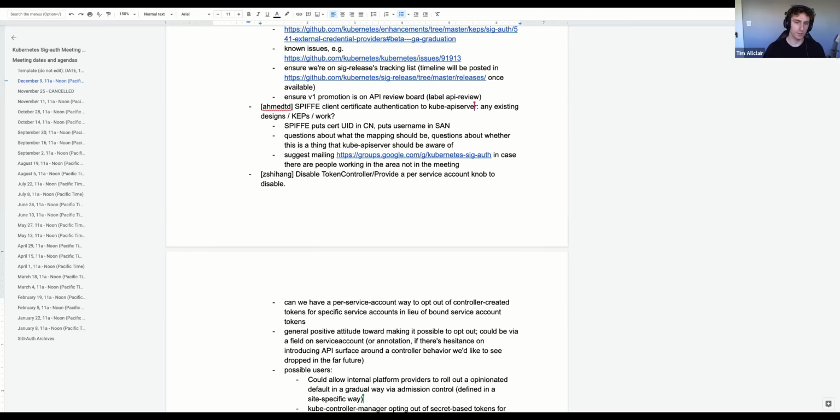Yeah, I mean, you could capture it in the audit logs as a rejected request. I did paste a link in the chat to a proposal that I put out a while back for placing label restrictions on mirror pods for this exact threat that we're talking about.